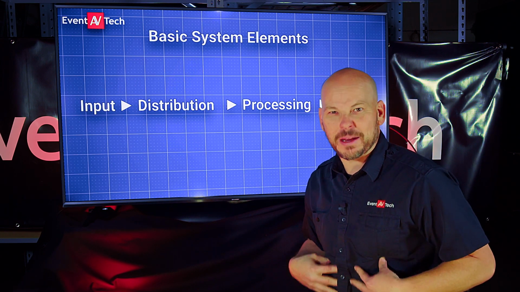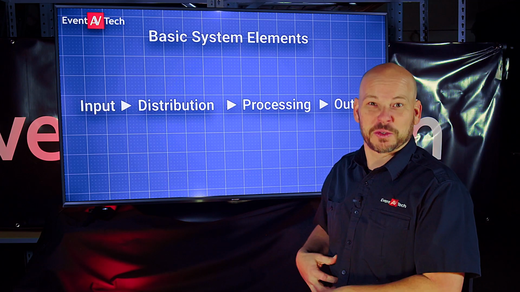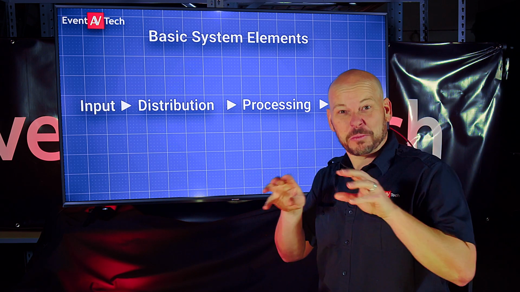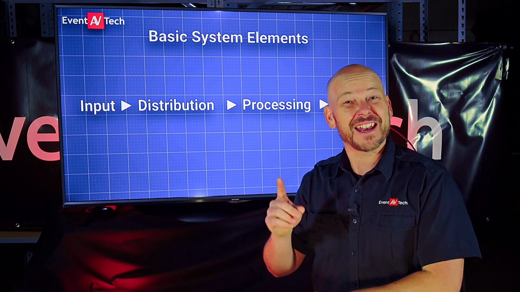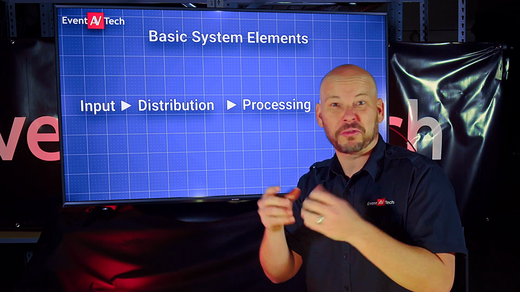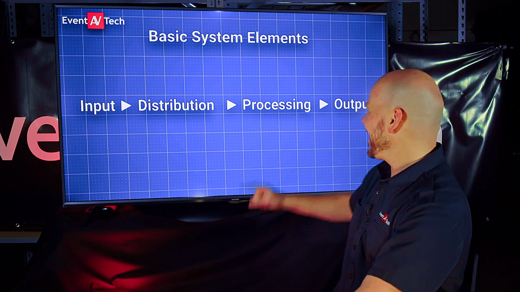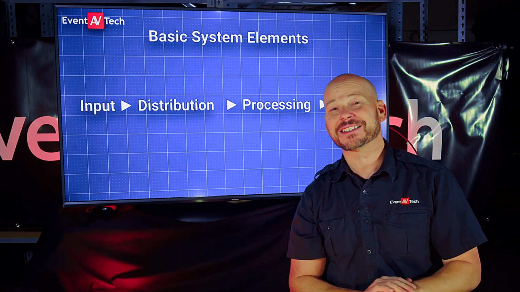Then it gets to my stomach, and my stomach begins to churn and work on all the food. That's processing. Once it gets into small pieces, it goes into my upper intestine and lower intestine, which is a mixture of processing and distribution together. And then I have output. I'll let you use your imagination for what my output actually is. But that's a basic system.